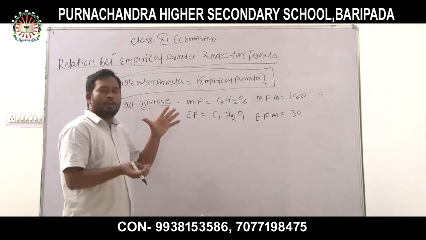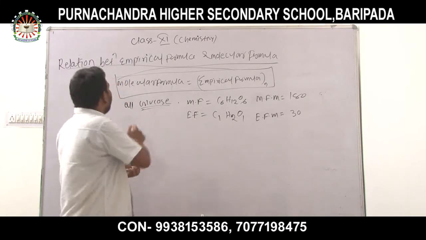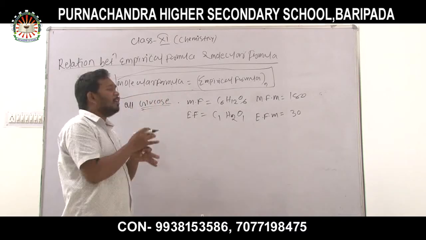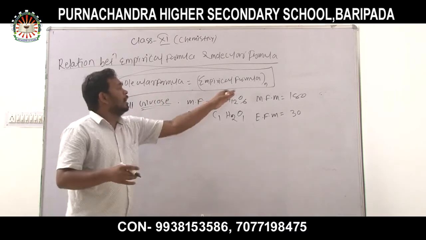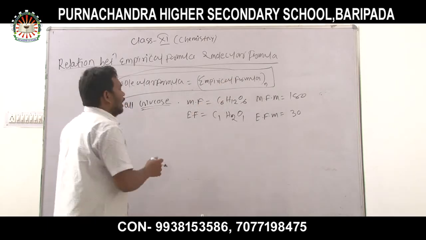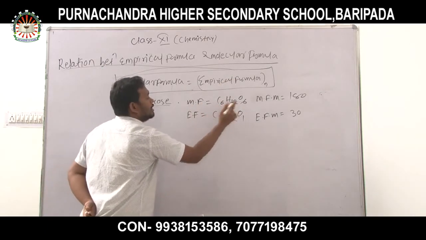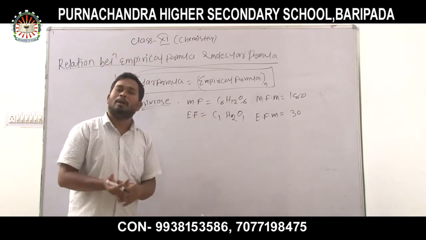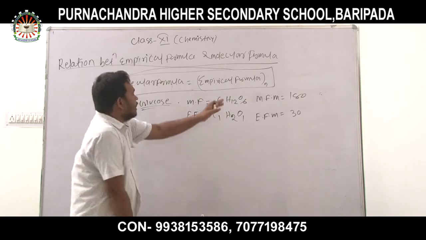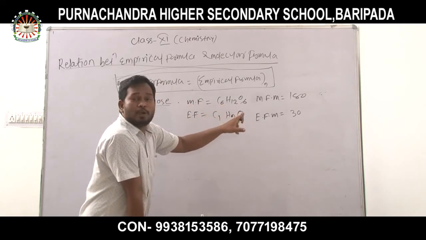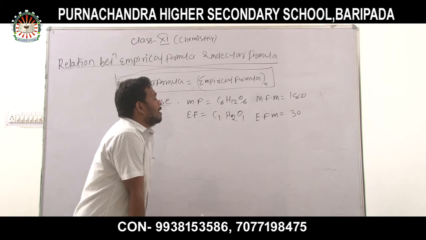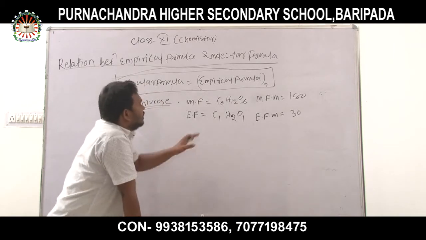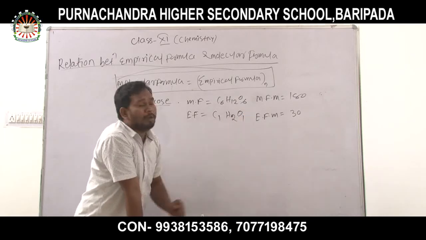So in glucose we satisfy the relation, and see how the empirical formula and molecular formula relate to each other and how n can be calculated. Here the molecular formula of glucose is C6H12O6 and the formula mass is 180, and you already know how to calculate the molecular mass of a given substance. The empirical formula of glucose is C1H2O1 and the empirical formula mass is 30.